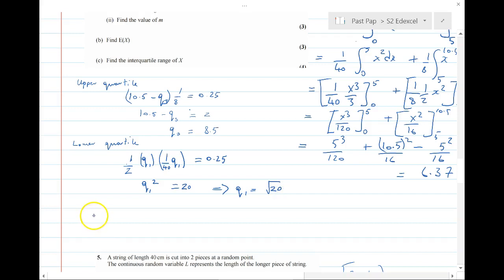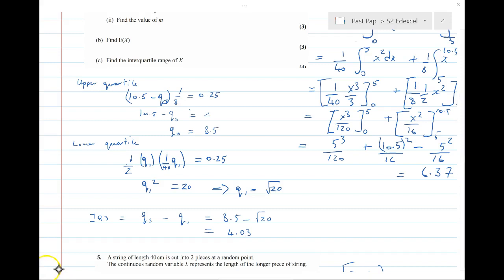So the interquartile range is equal to the upper quartile take away the lower quartile, which is 8.5 take away the square root of 20, which to three significant figures comes to 4.03. Okay, so that's question 4 done.